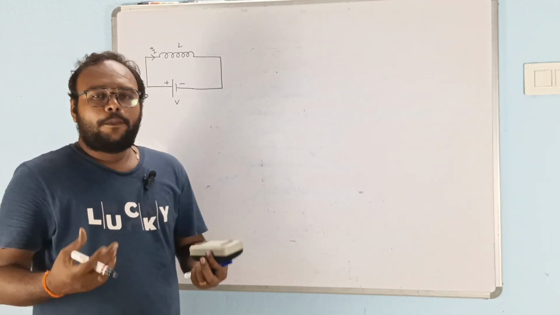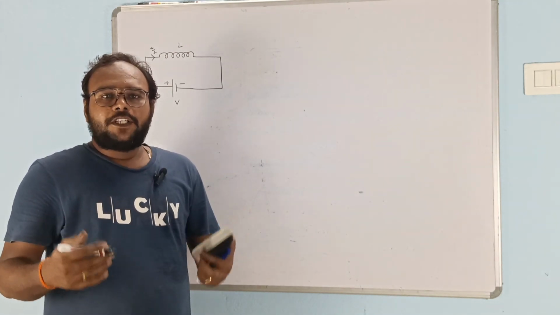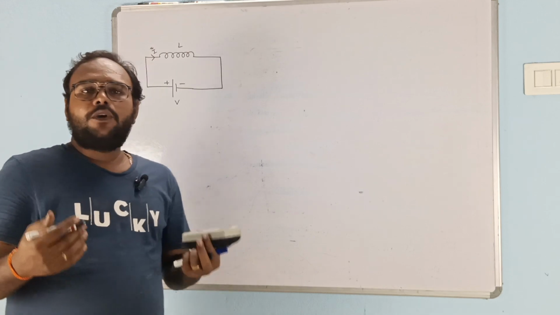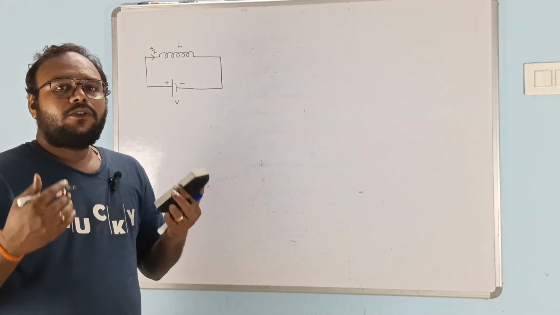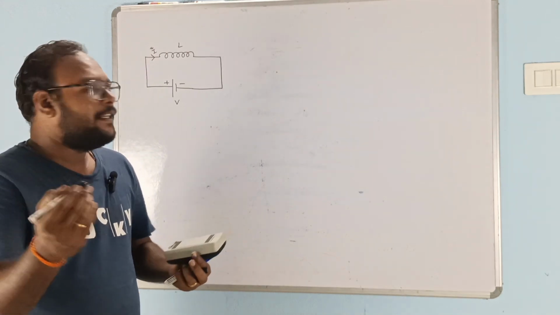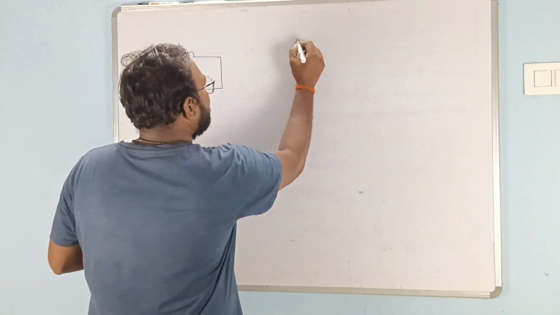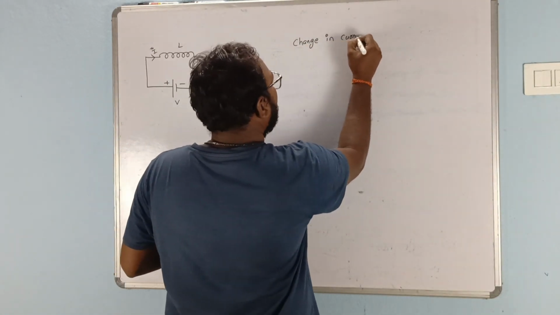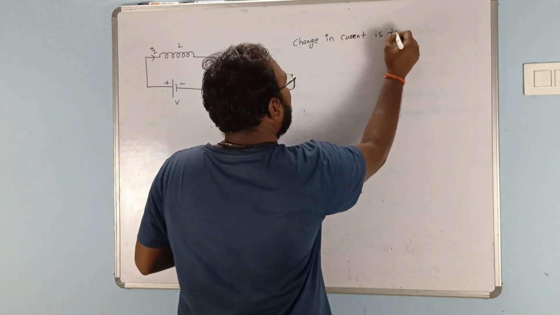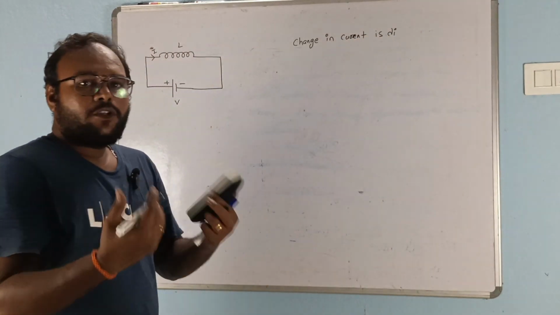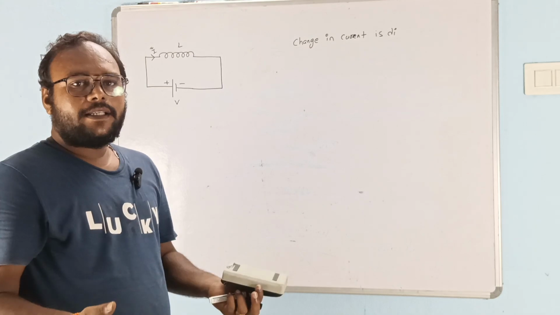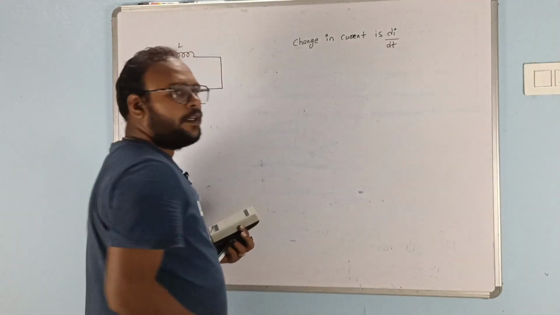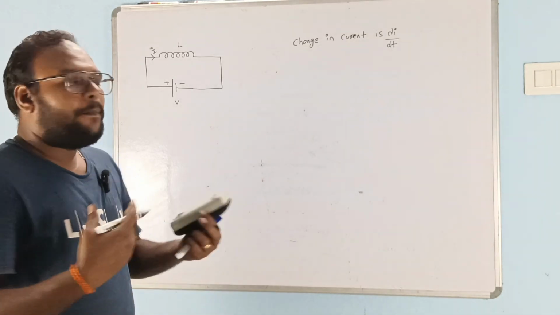Inductance is the property of the material which opposes the sudden change in magnitude or direction of current. A change in current is di, taken with respect to time because it is AC, so di by dt, which is directly proportional to the applied voltage.